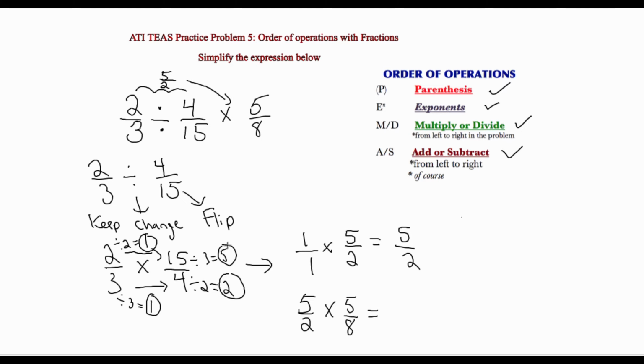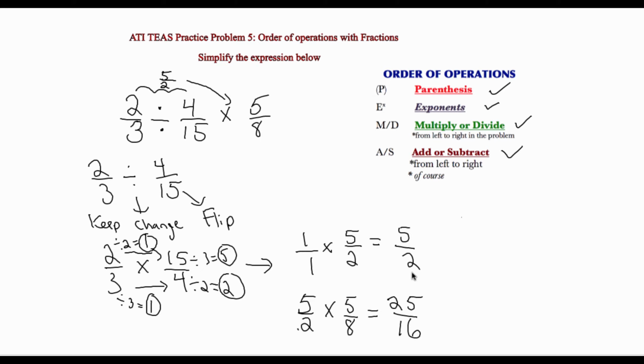Now with these two fractions, we cannot do any cross canceling because the biggest number we can divide into both 5 and 8 is 1, and the same for 5 and 2. So we're just going to multiply across as is. So 5 times 5 is 25. 2 times 8 is 16.